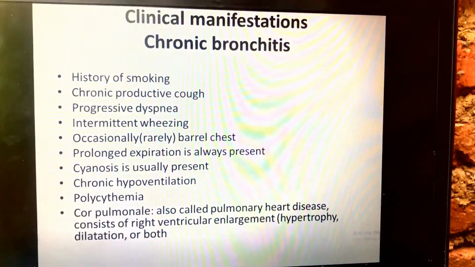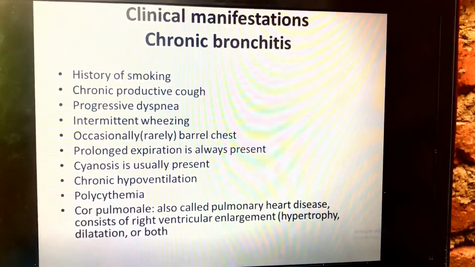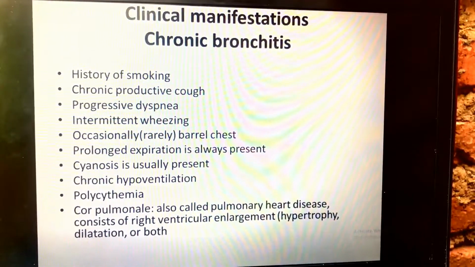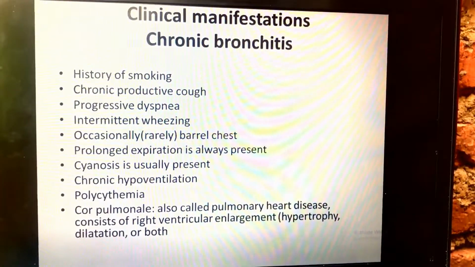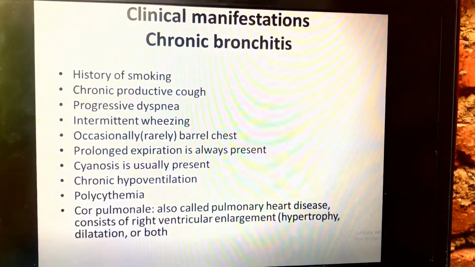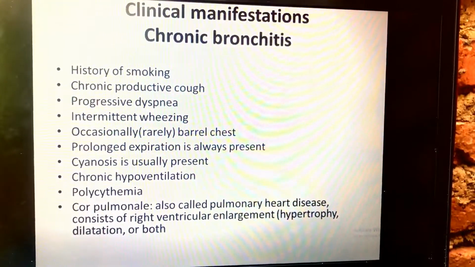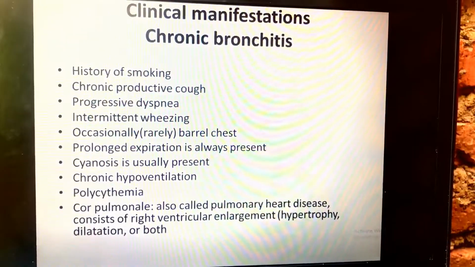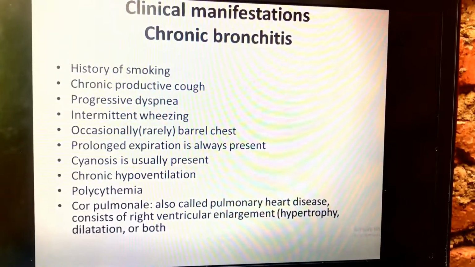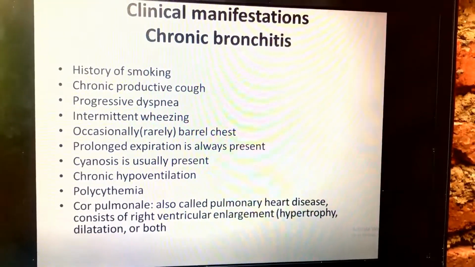The cor pulmonale, this is called pulmonary heart disease, consists of right ventricular enlargement. This is cor pulmonale. Okay.